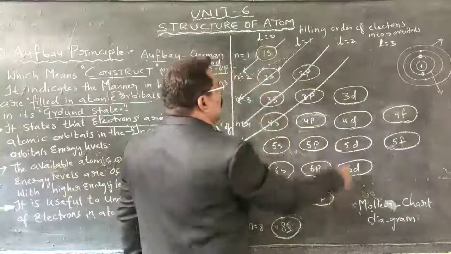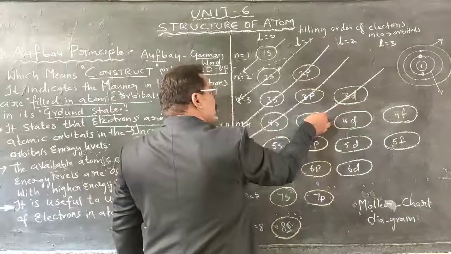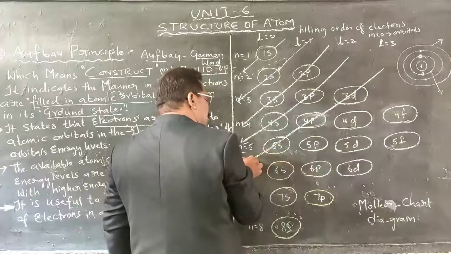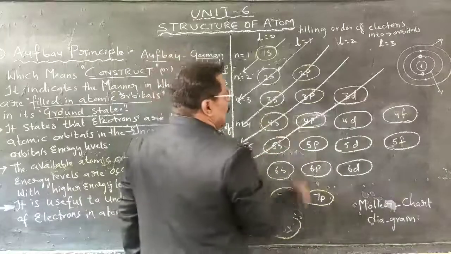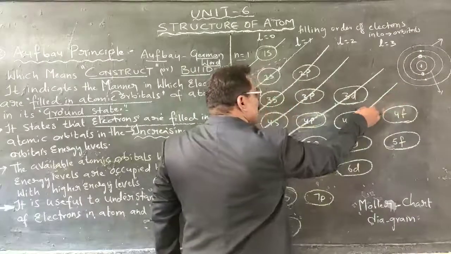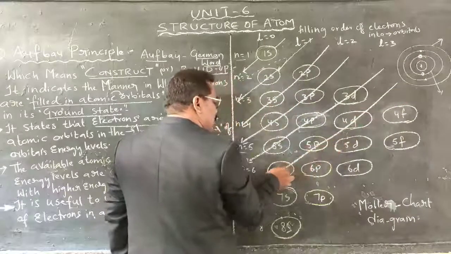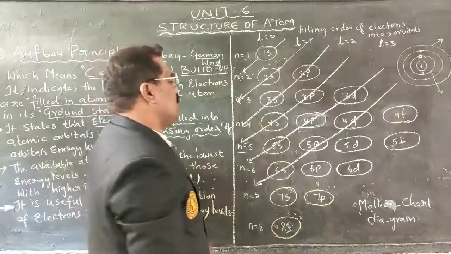After filling the 4s orbital, the electron will enter the 3d orbital, later the 4p orbital, later the 5s orbital. After completely filling the 5s orbital, it will enter the 4d orbital, 5p orbital, and then the 6s orbital.